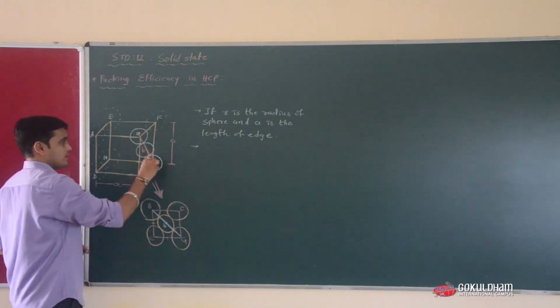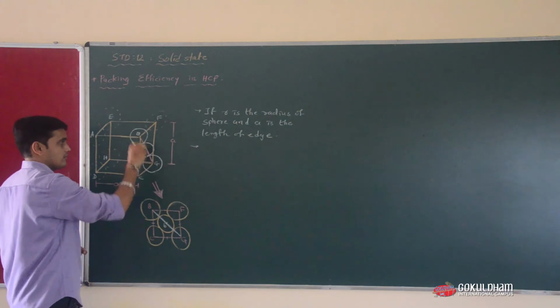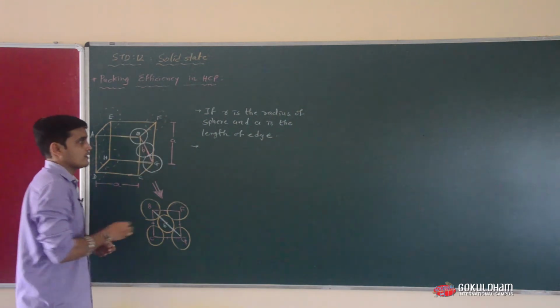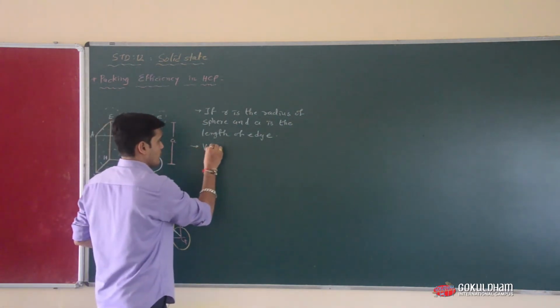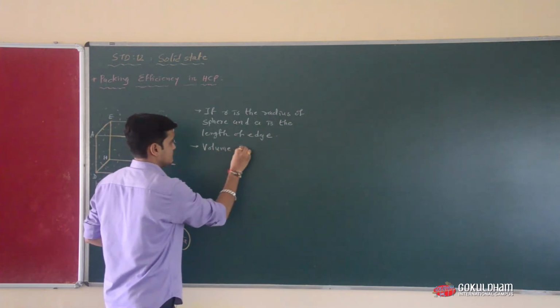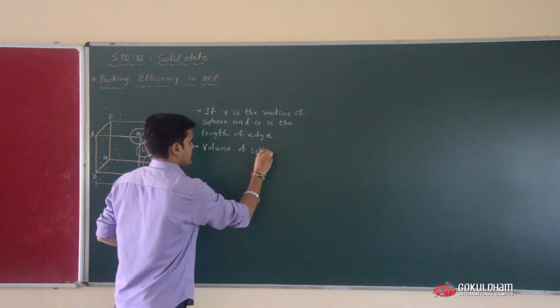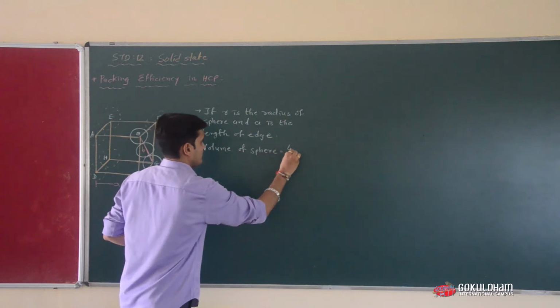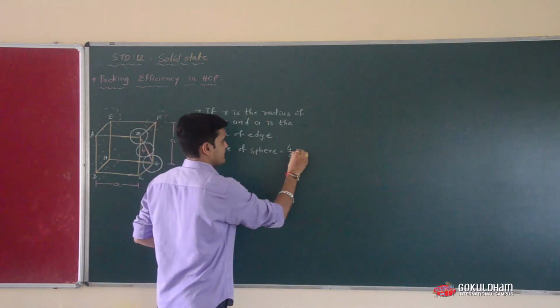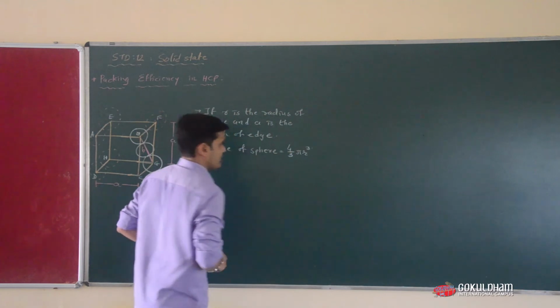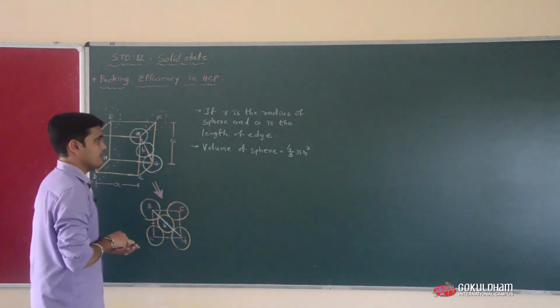We have to concentrate on the middle of the plane. Volume of sphere is equal to 4 by 3 pi r cube. You know this very well.